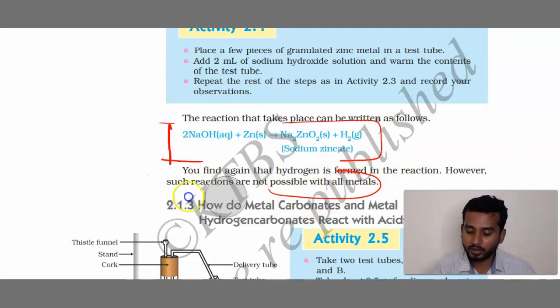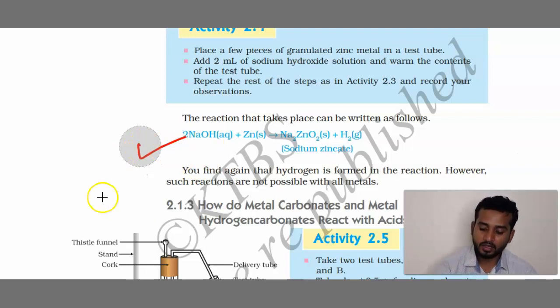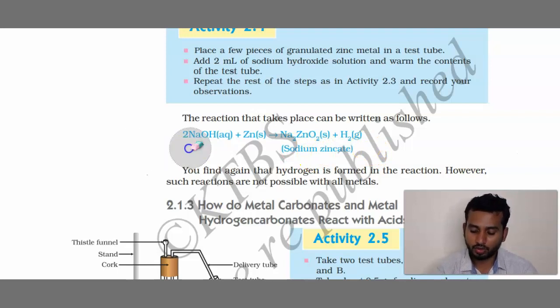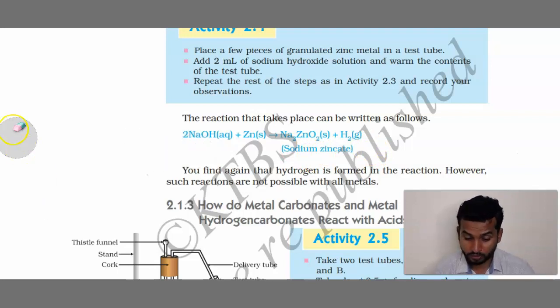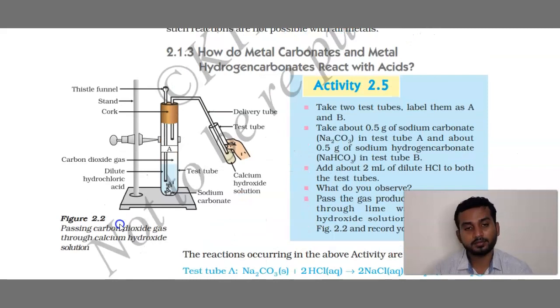You should remember that point, but that is not so important. But I can tell you this topic is very important: sodium hydroxide, when it reacts with zinc, gives sodium zincate and hydrogen gas is liberated. You should not forget that reaction. It is important. Done. Now after this we can see here, yes, this is the beauty of this chapter.